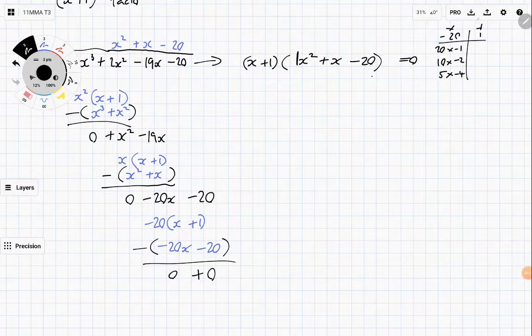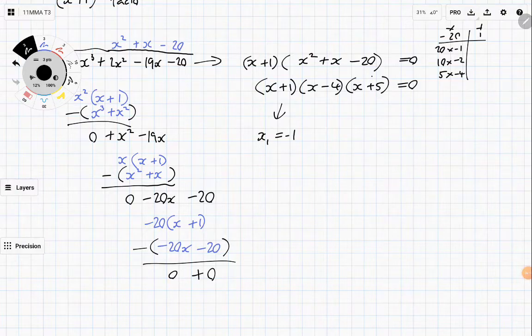There's a 1 here, which means that I can directly factorize it. x plus 1, x minus 4, x plus 5 equals 0. And now I've got my three solutions. So x1 is equal to negative 1, x2 is equal to positive 4, and x3 is equal to negative 5.